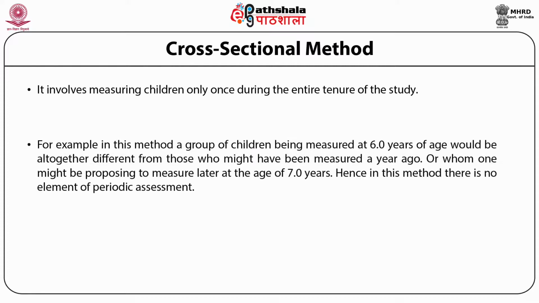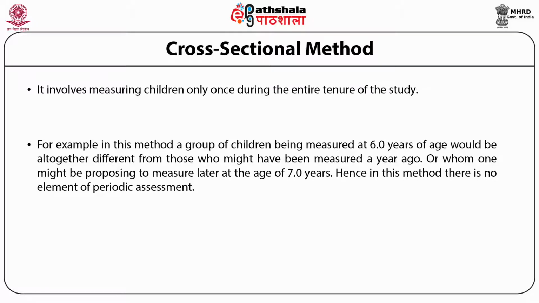For example, in this method, a group of children being measured at 6 years of age would be altogether different from those who might have been measured a year ago, or whom one might be proposing to measure later at the age of 7 years. Hence, in this method, there is no element of periodic assessment.